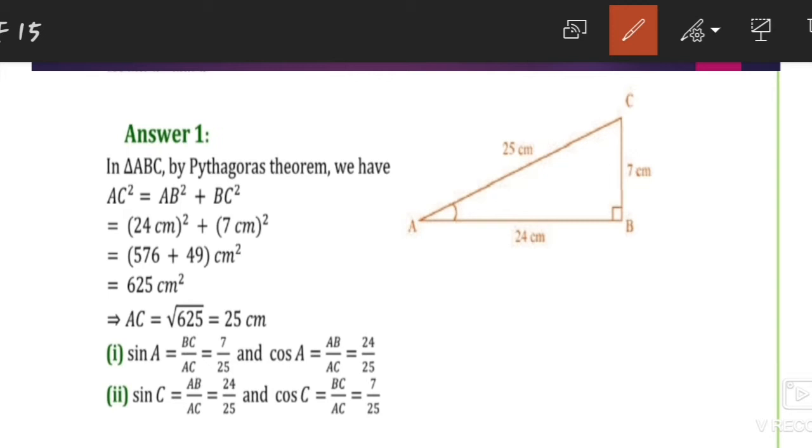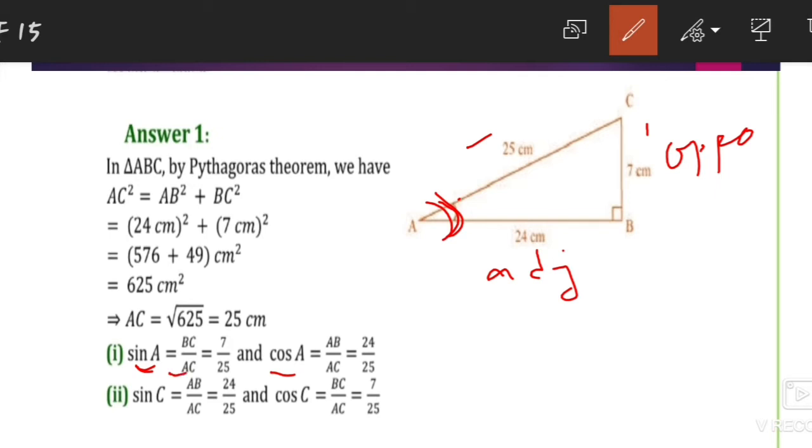So first of all, the first part, sin A, cos A. When you are evaluating sin A and cos A, you have to take A as acute angle. If you are considering A as acute angle, this is the opposite side and this is the adjacent side, right? So you know that sin A is equal to opposite side by hypotenuse, that's why BC by AC.